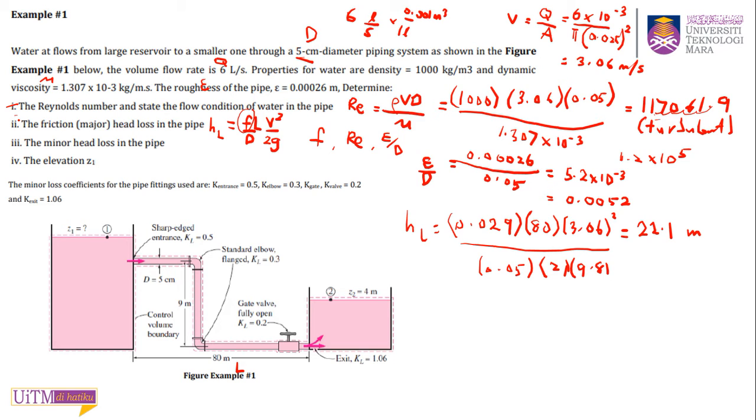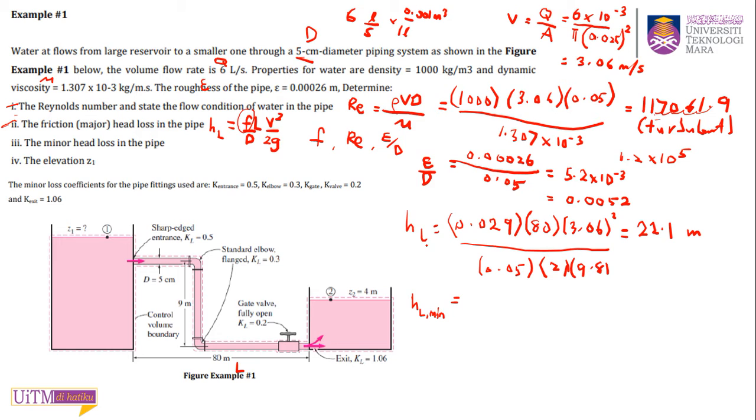Okay, the second one. The third one, the minor head loss. They ask you to find the minor head loss. So what is the equation for minor head loss? HL minor, how do we find it? What is the equation?